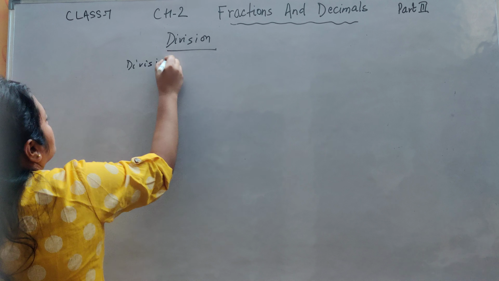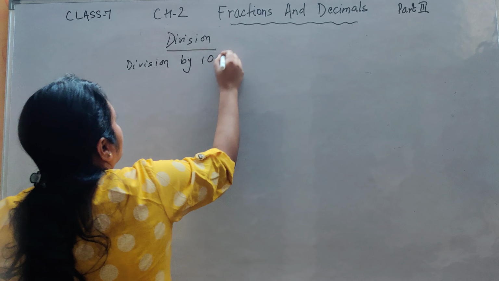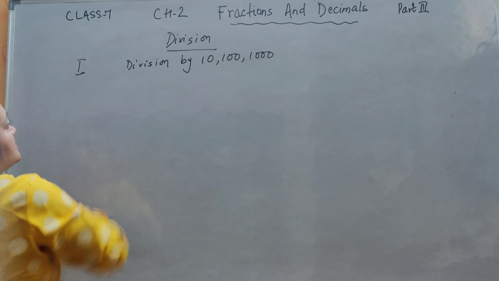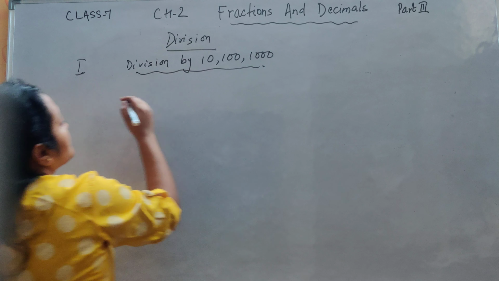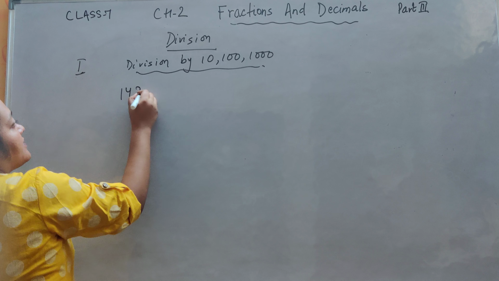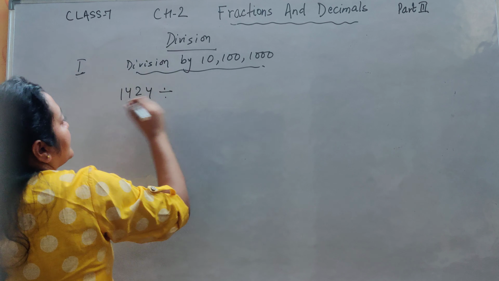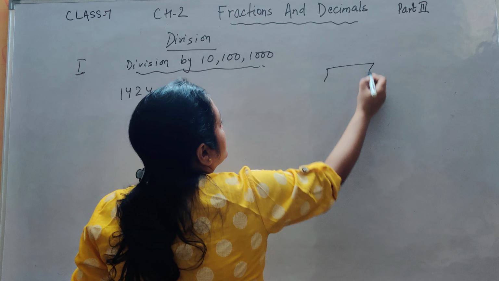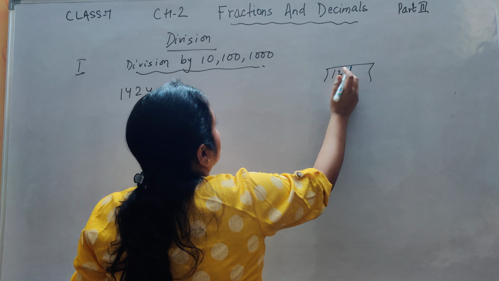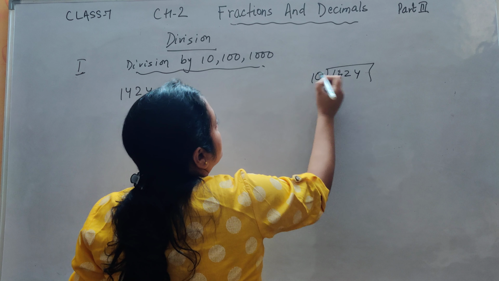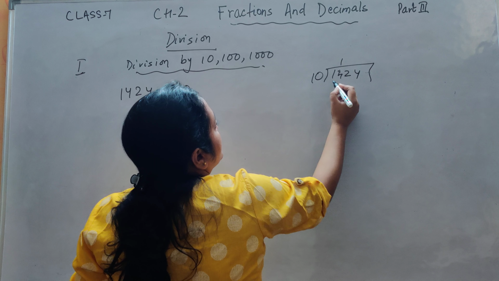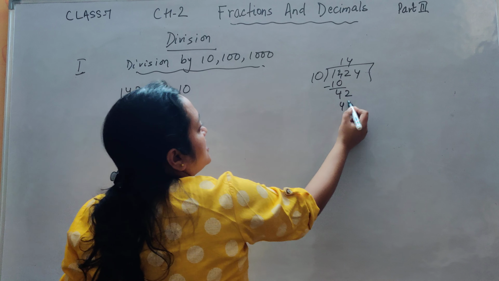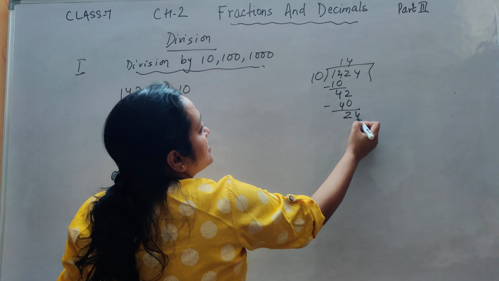Division by 10, 100 and 1000. Okay, this is the first thing that we are going to do. First of all, let's see what we will get if I divide 1424 by 10. By simple division we can make out what my answer is. 10 ones are 10, 4, 2 fours are 8... remainder, carry forward.